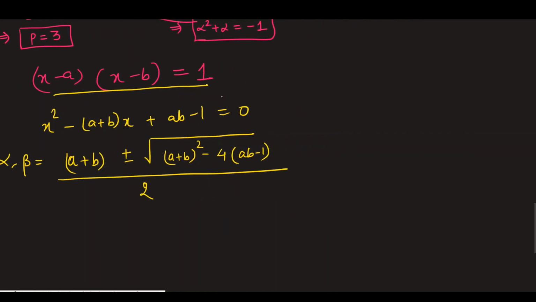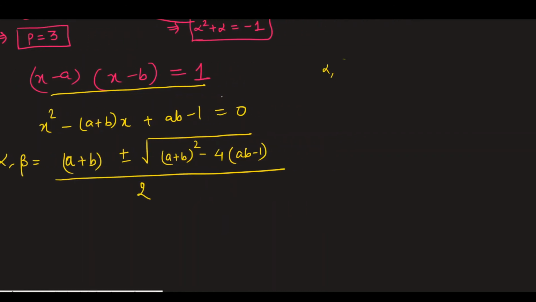I have used the formula of alpha comma beta as minus B plus minus root of B square minus 4AC upon 2. So minus B is A plus B in this case.